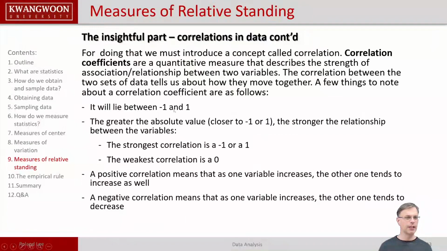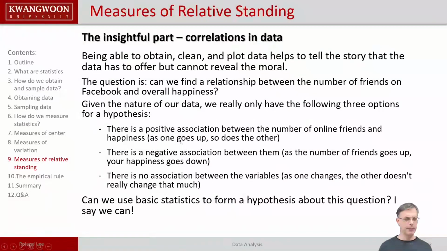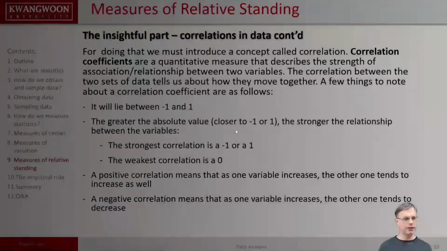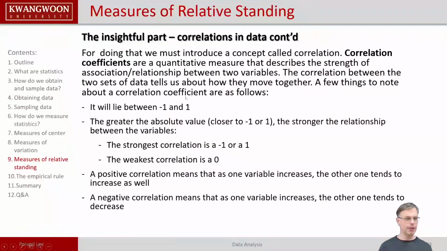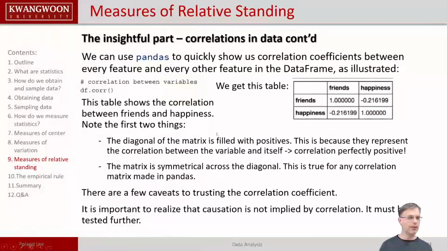And here we got the correlation coefficients. We know that it will lie between -1 and 1, and the strongest correlation is -1 or 1, and the weakest is 0. We already know how this works, that's why I'm not explaining it any longer.